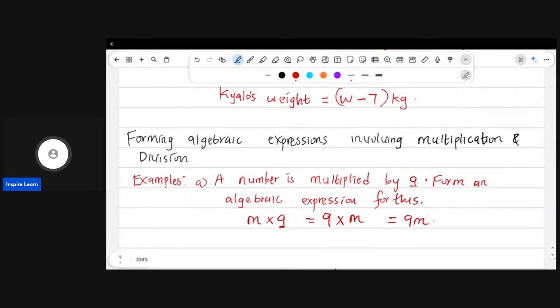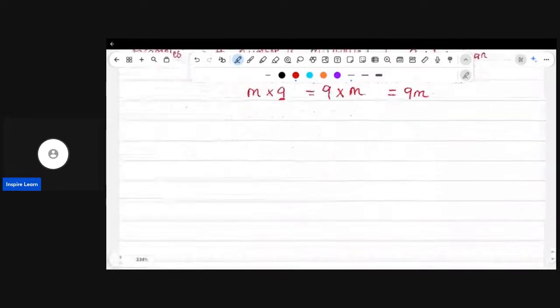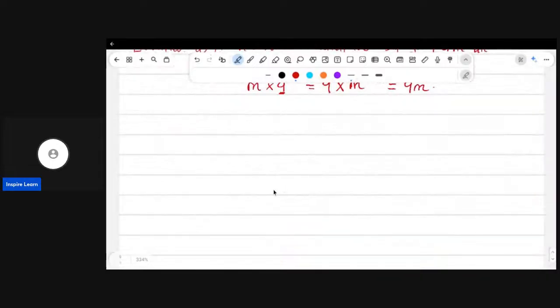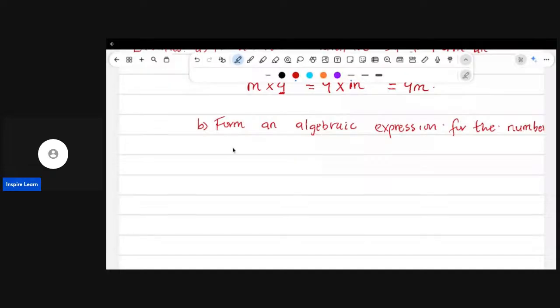Then we can go to example B. Example B is telling us to form an algebraic expression for the number of days in n weeks.